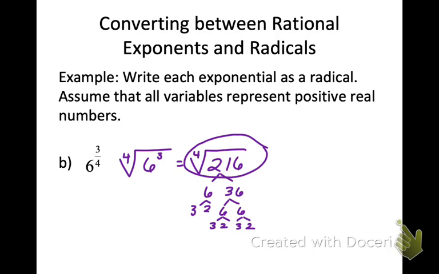The easiest way to do that is if you have your calculator. Do you have to leave it in radical form, the 4th root of 216, or could you do the 4th root of 6 cubed? Okay. What I do to check whether I can simplify it is take 216 on my calculator and divide it by 2 to the 4th power.